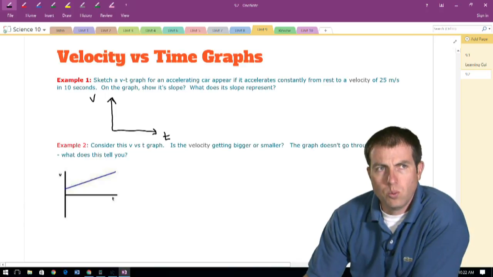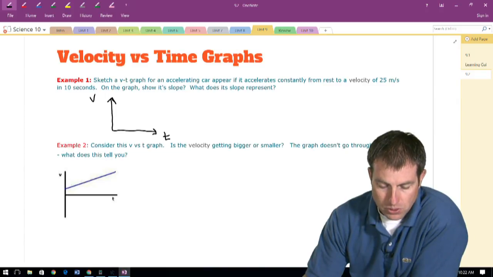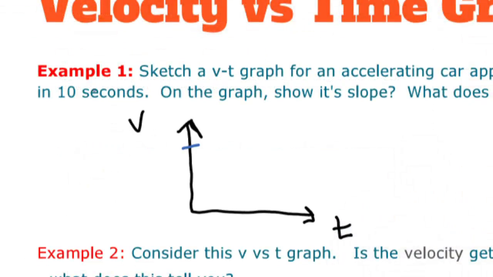All right, so we want to sketch a velocity time graph for a car. It's accelerating from rest to a velocity of 25. So let's put a 25 up here. It's going from rest to 25. So what is a velocity of rest going to look like? That means it's not moving. And if this is a velocity time graph, rest is going to be down here, indicating zero velocity.